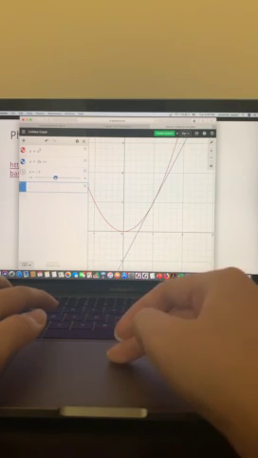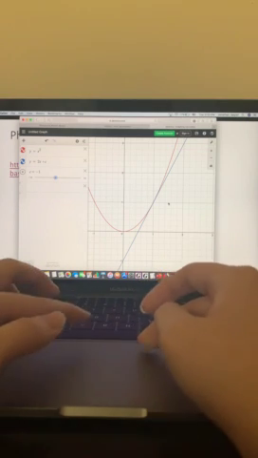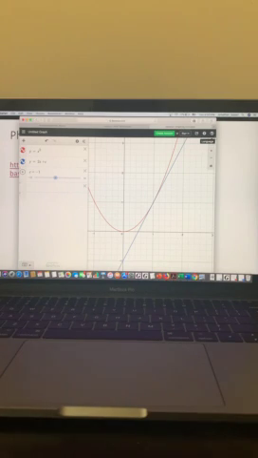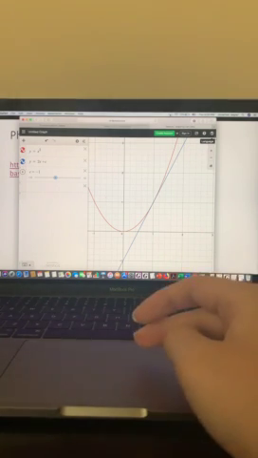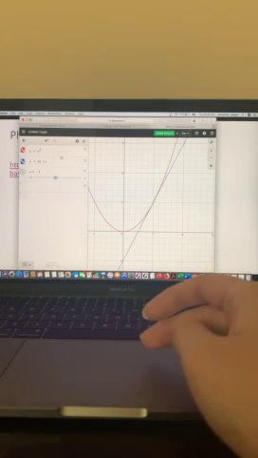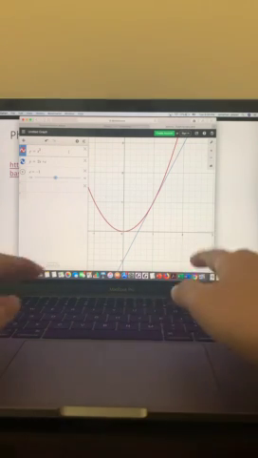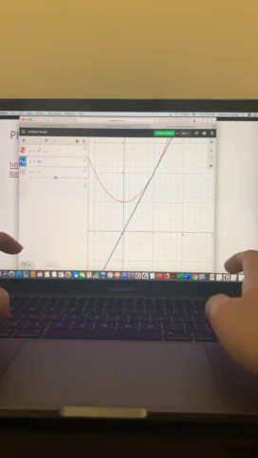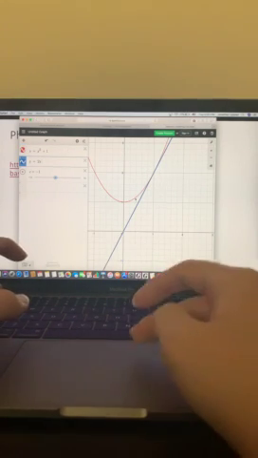Yeah, it should be something around like this. 2x minus 1. I believe so. Let's just say plus 1. So this one. Yeah, it should be something like this.